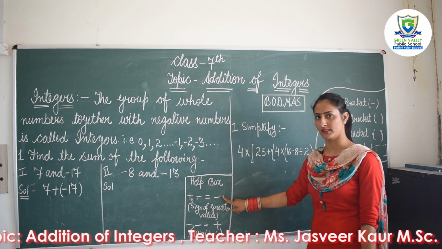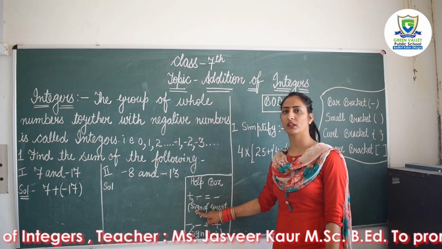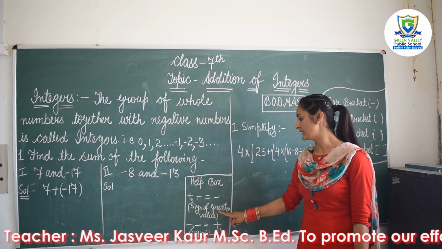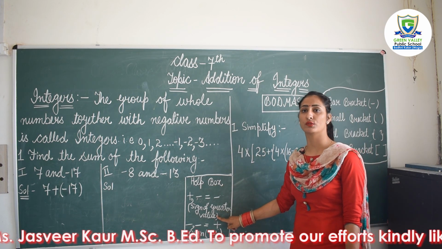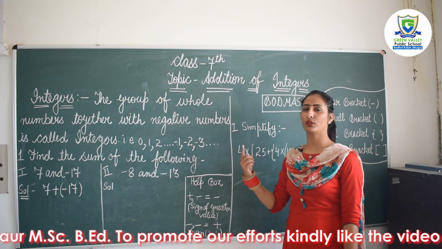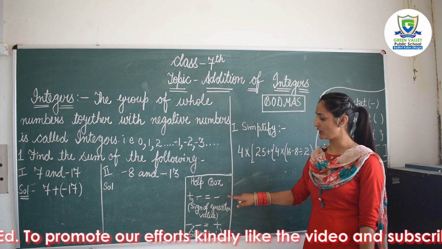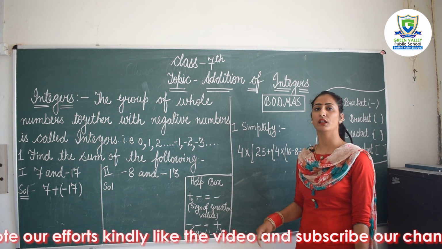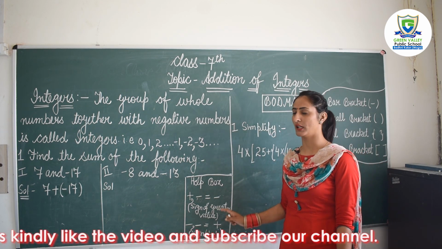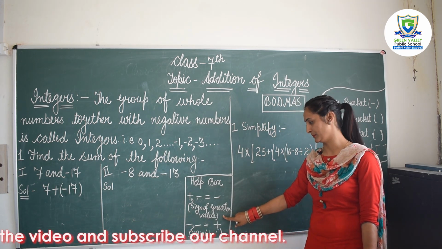The sign which will come before your answer will always be according to the greater value. If your greater value is positive, then your answer will be positive, and if your greater value is negative, then your answer will be negative.